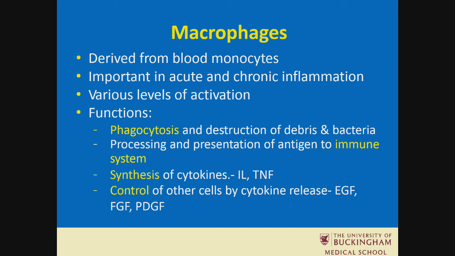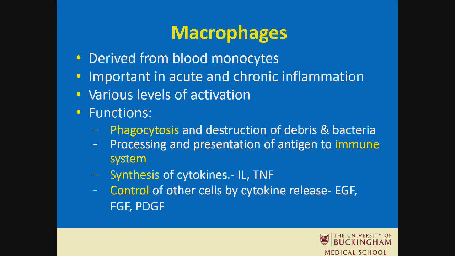Then one important function is that it is the antigen presenting cell: it presents the microorganisms to the immune system or lymphoid tissue. Then the immune system gets activated and produces antibodies or other mechanisms.